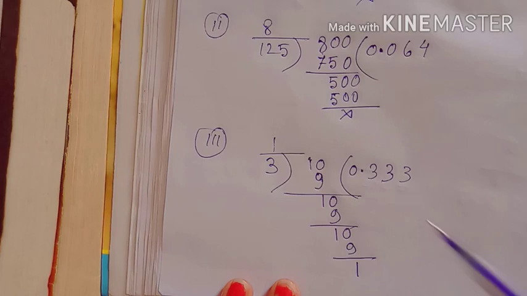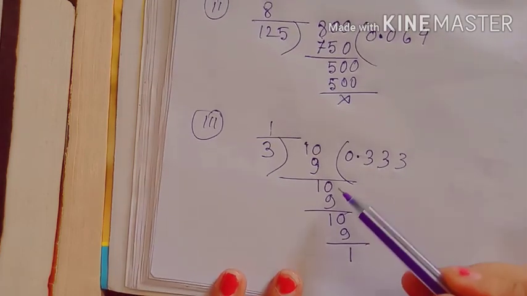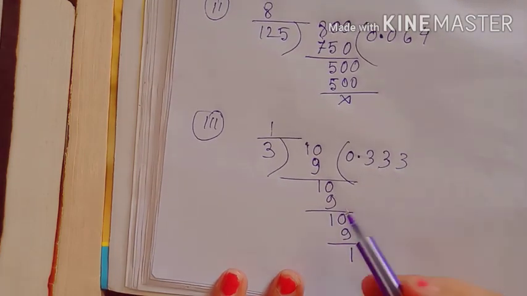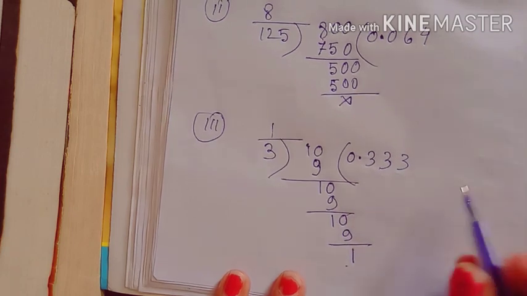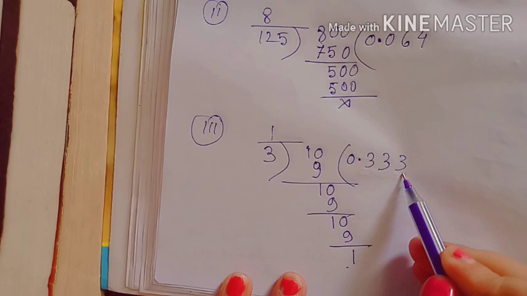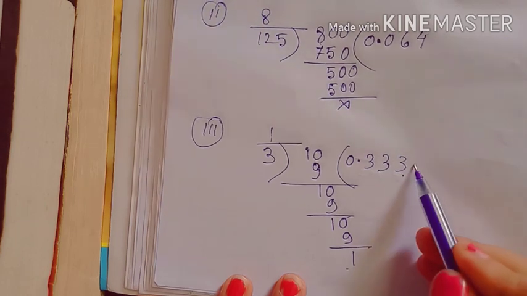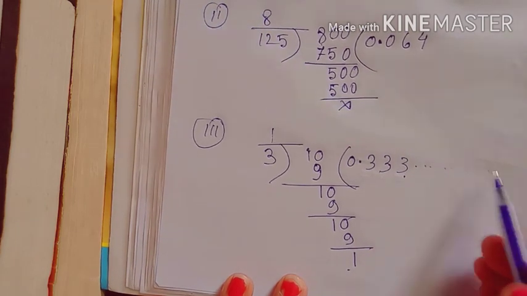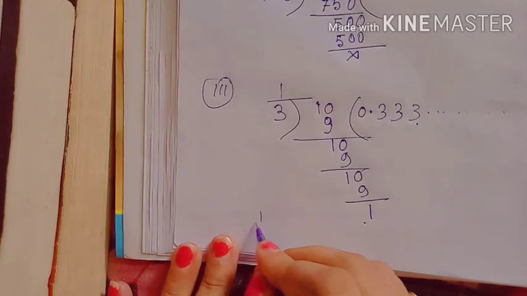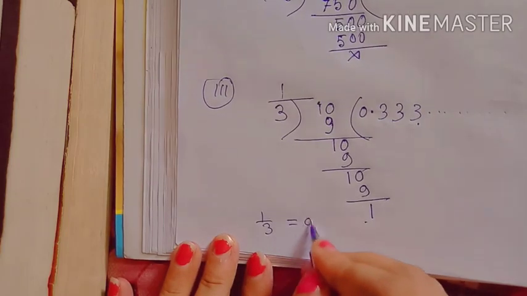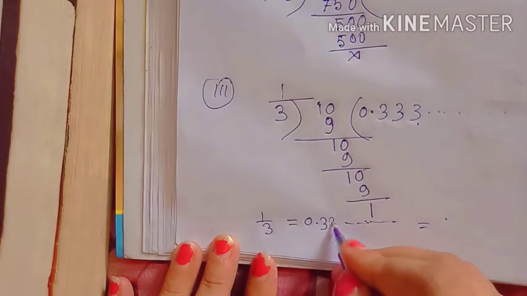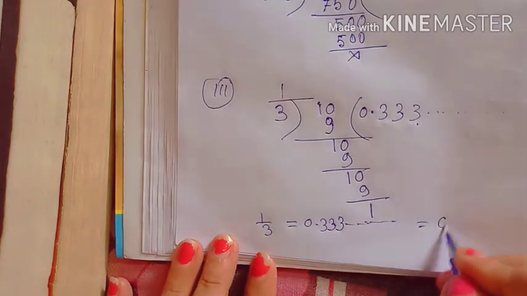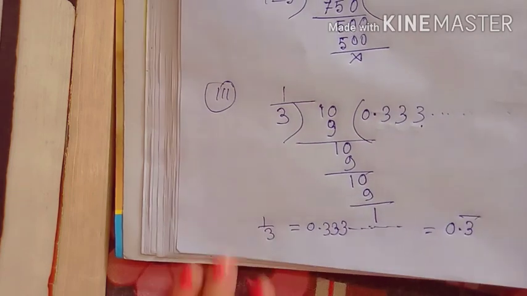If you notice, every time our remainder is the same, and it is 1. So the digit 3 in the quotient is also repeated and it continues endlessly. So we can write 1 by 3 is equal to 0.3333 dot dot dot, which is equal to 0.3 bar.